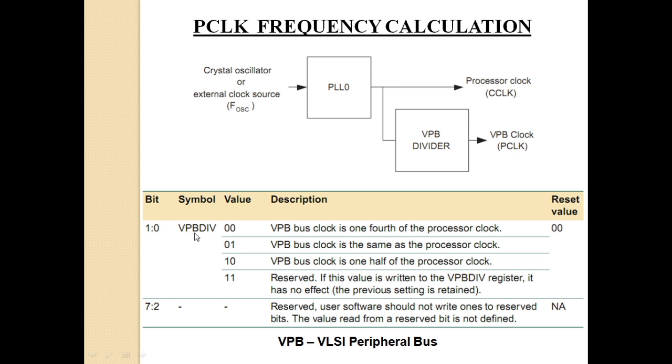And I told you ARM or LPC2148 is a 32-bit microcontroller. LPC2148 is a microcontroller which has an ARM7 TDMI-S as the microprocessor inside. So ARM is a 32-bit microprocessor, and LPC2148 is a 32-bit microcontroller.